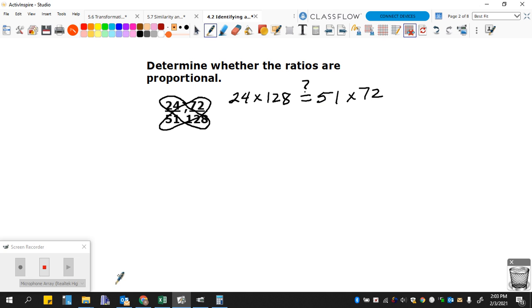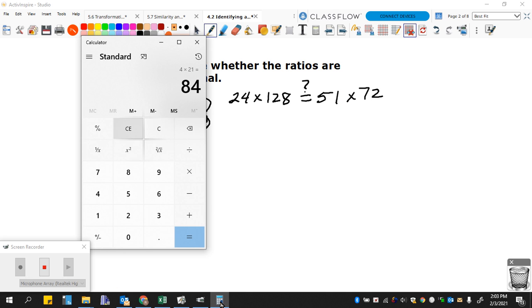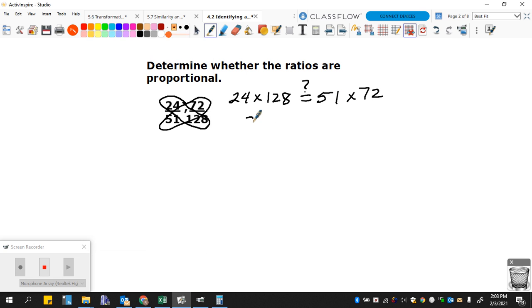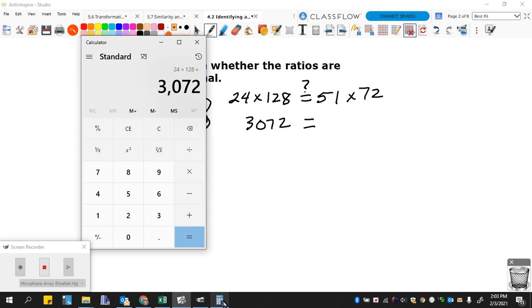Well, get our calculators out. 24 times 128 is 3,072. And 51 times 72 is 3,672.